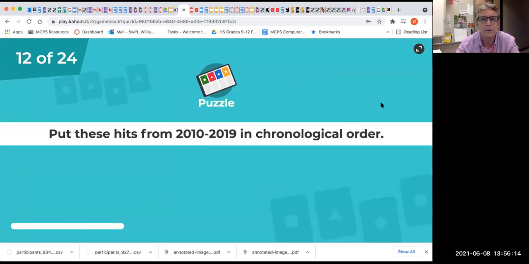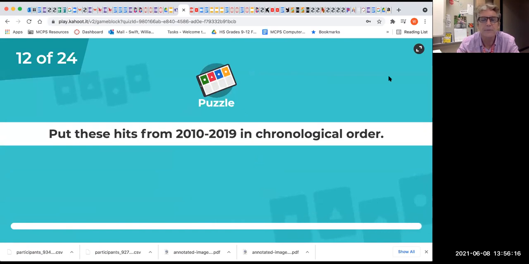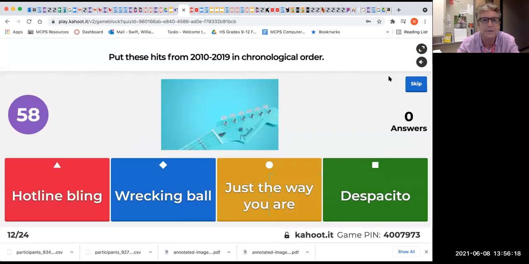We're only halfway through. Put these hits of 2010 to 2019 in the right order. Hotline Bling, Wrecking Ball, Just the Way You Are, and Despacito. Everyone is taking a little time on this one. That is the Fender Stratocaster you're looking at up top.